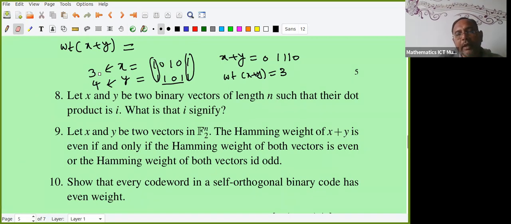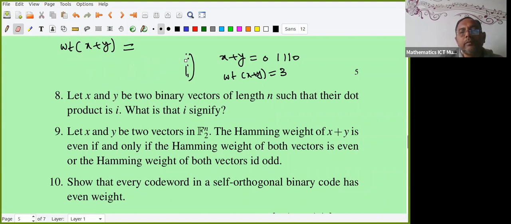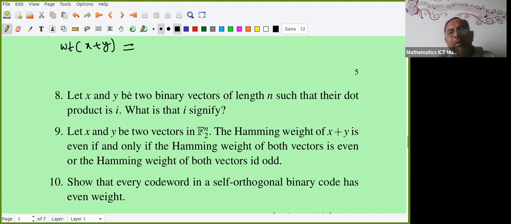When both are ones, you are not getting it, right? But when both are ones, how do you get it? How many ones? Both the places have ones. How do you know that? How do you get that number?